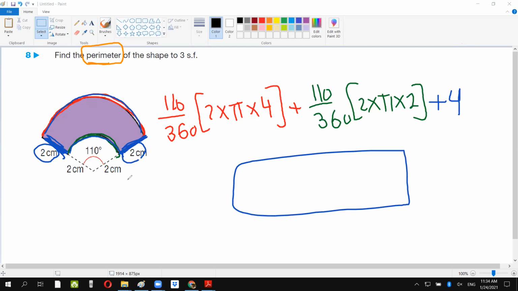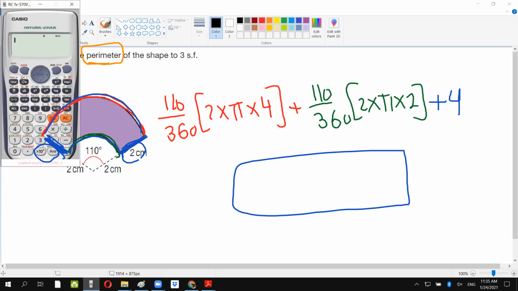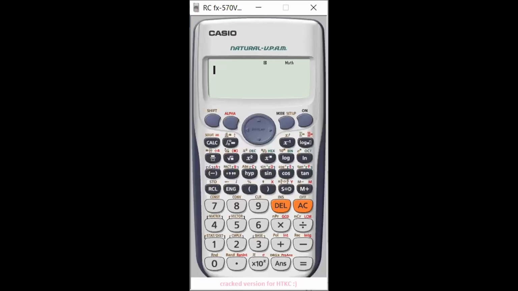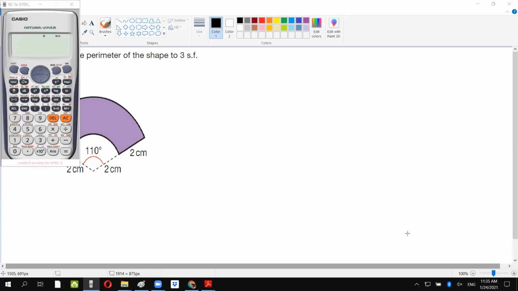Let me do it by calculator. This is my calculator, and let me share it. Oh, I shared my calculator and I erased what I made. Let me share again. By mistake, I erased the answer. I will write the answer very quickly.